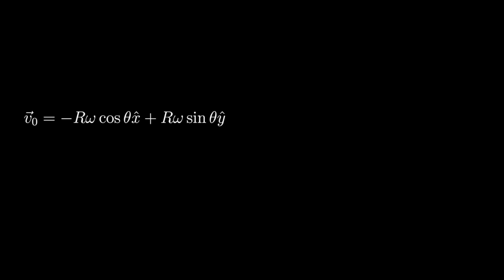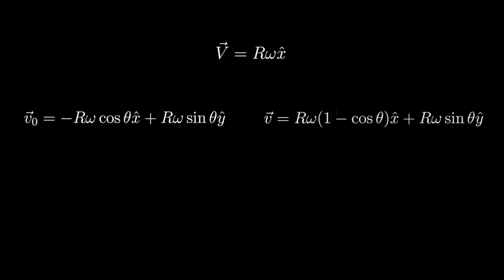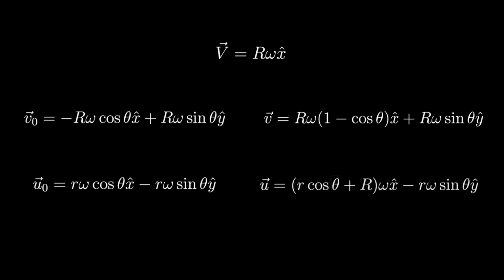In S sub 0, we saw that the Earth's orbital velocity was this, so the velocity in S, taking into account that the relative velocity between frames is r times omega in the x direction, takes the following expression. Equivalently, from the Sun's velocity in S sub 0, we obtain the corresponding velocity vector in frame S.